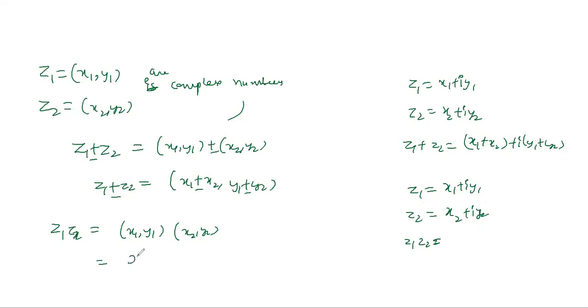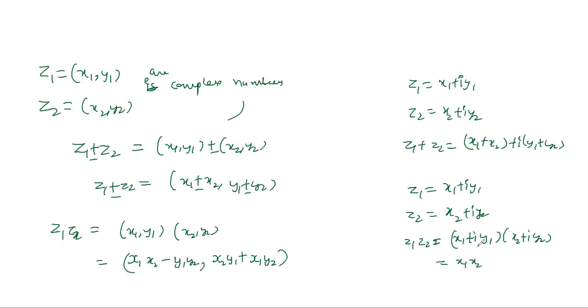It will be x1 x2 minus y1 y2. That will be the real part. And the other one is going to be x2 y1 plus x1 y2. You can do this calculation here and figure out. It's very easy and something you already know.